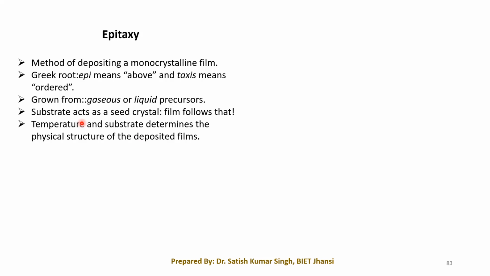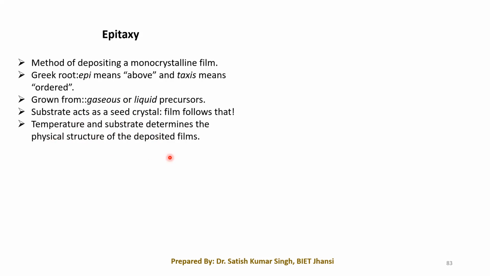I'm not saying that all the properties of the substrate are going to be converted into the epitaxy, but some of them. If it is a monocrystalline layer, then we have to grow a monocrystal layer onto that, and it will follow certain properties and act like a seed crystal. And the temperature and the substrate determine the physical structure of the deposited film.